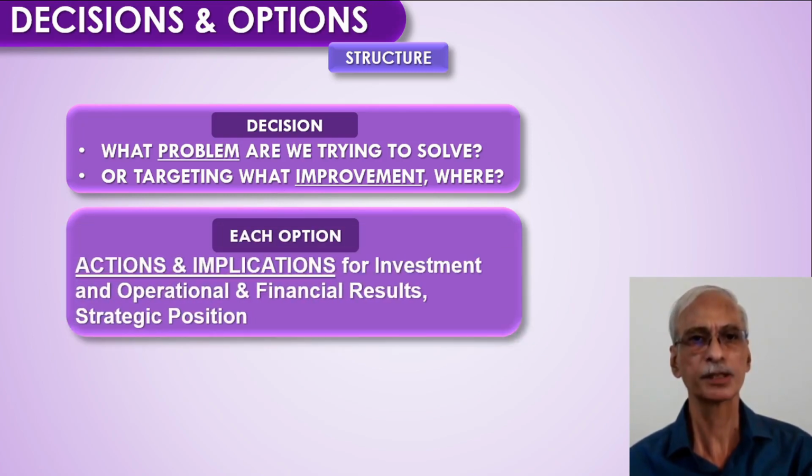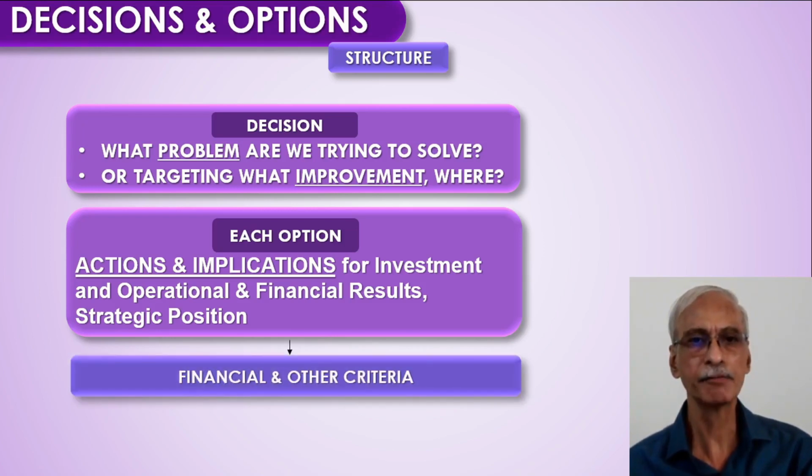For each of the options, the actions to be taken and the implications for various things, like how much investment is to be made, what are the operational implications, what are the implications for financial results, how does it affect the strategic position of the business, etc., need to be described for each option for us to fully understand the implications of each option.